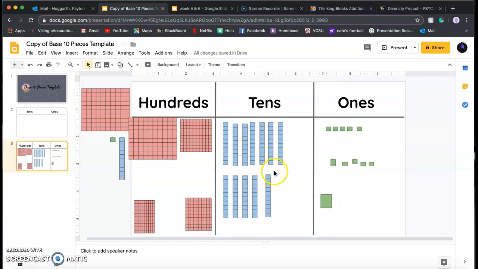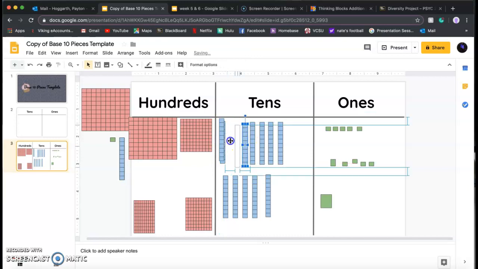And I'm going to go to the 10s and see if I could group any here. And I can. So I'm going to put 10 together.